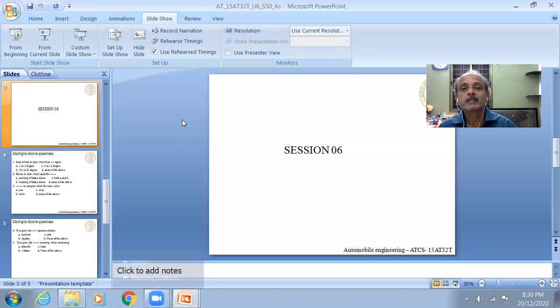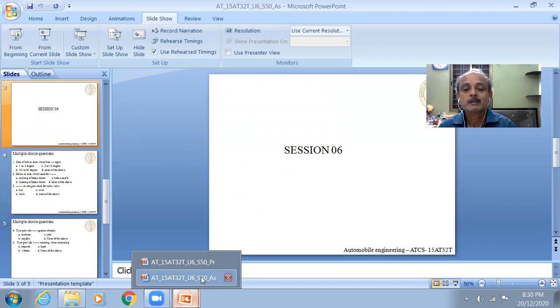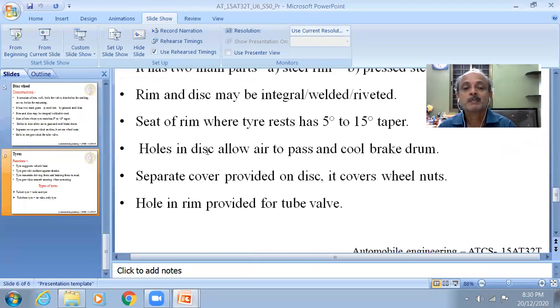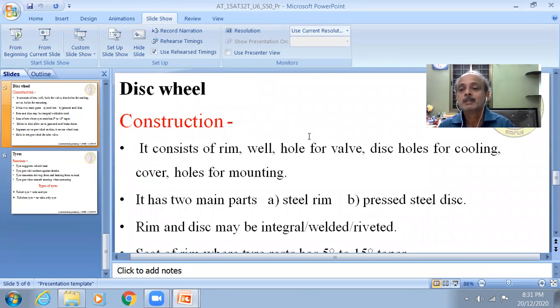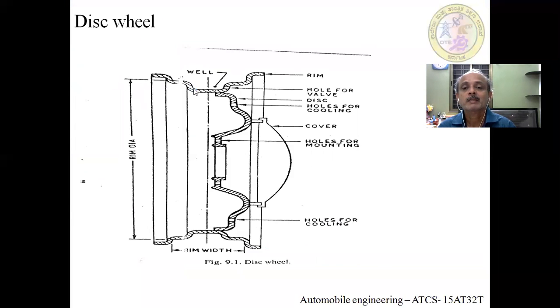So friends, we have studied already different types of disc wheel construction. In this part, we are going directly by the diagrams, which we can draw in the exams easily.